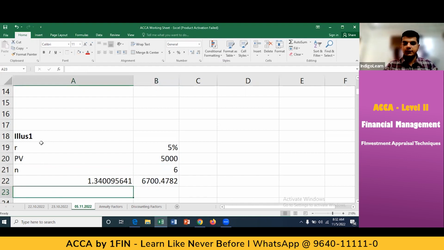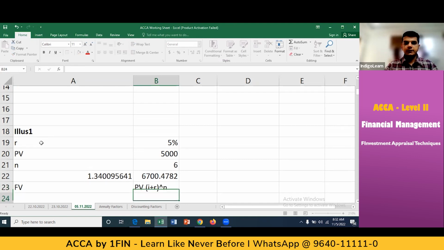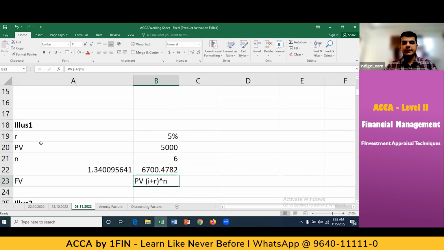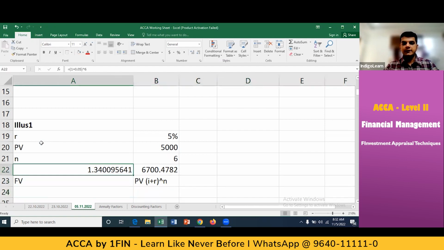So future value, what is it? Future value is equal to present value times 1 plus R to the power N. Directly we can calculate the factor, that is 1 plus R to the power N, which is none other than 1 plus 5% interest rate to the power 6, or we can directly take the future value factor from the table also.